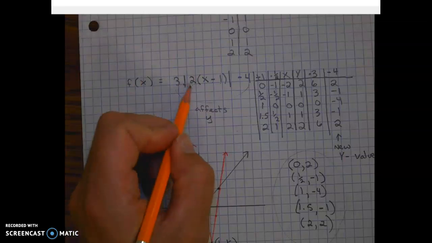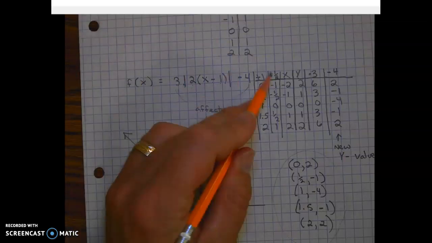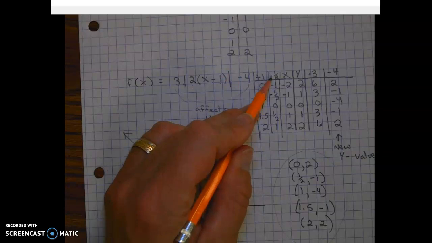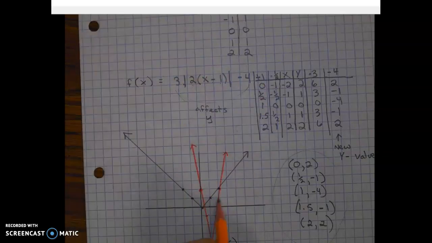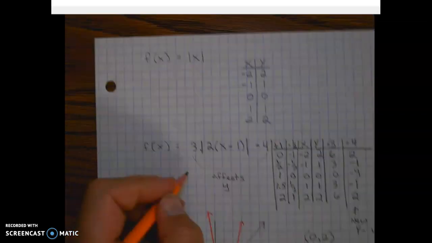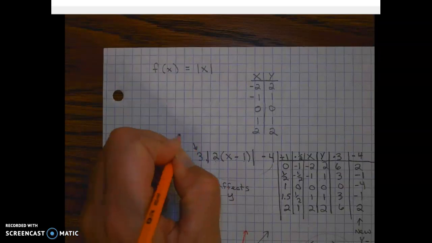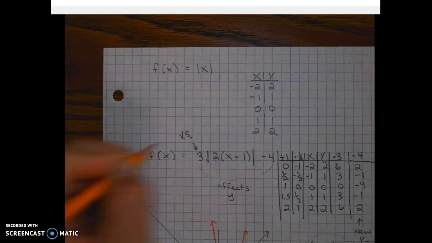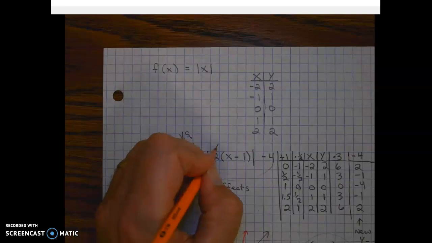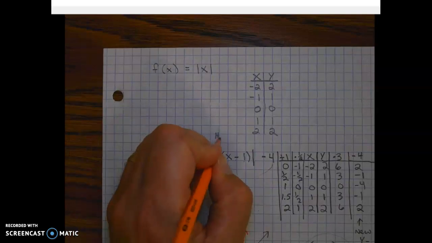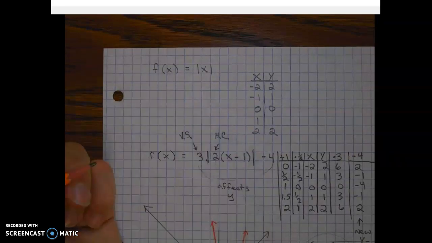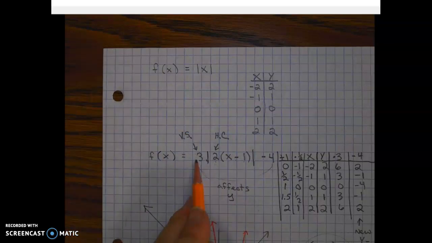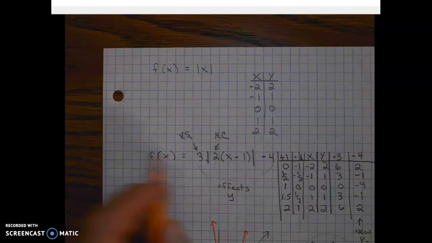And this 2, which remember we ended up dividing by 2 or multiplying by half, is what's causing the narrowness, because horizontally it is being compressed. So back up here, this is a vertical stretch. This is a horizontal compression. Okay, these are going to be the opposite. Okay, we'll talk more about that later.